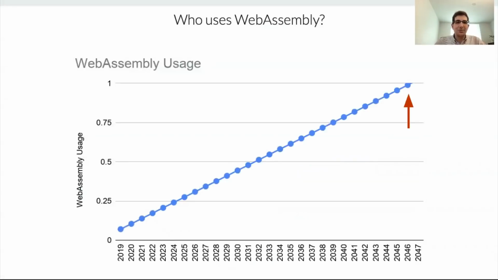And so what we can see is by 2047, over 100% of JavaScript developers will be using WebAssembly. Now, I'm kidding, of course. That's not how anything works, but it will be interesting to see how that number actually plays out over time.